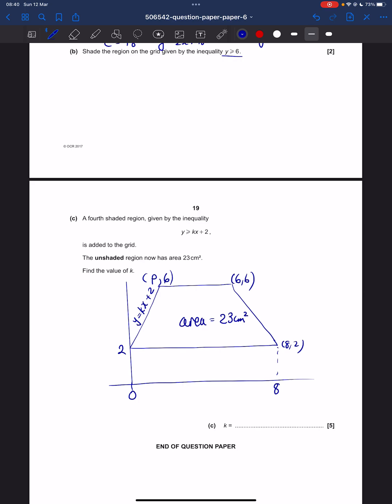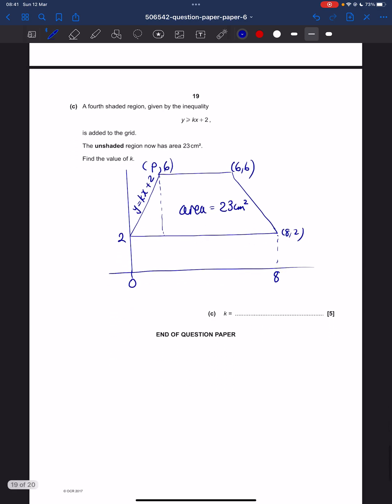So we don't know that bit there. We can't work out this part though, because we've got enough to work out these, or have we? Think. The total area is 23.